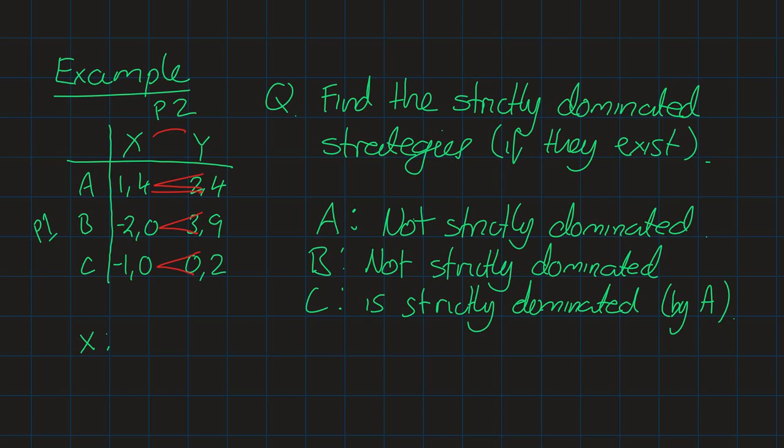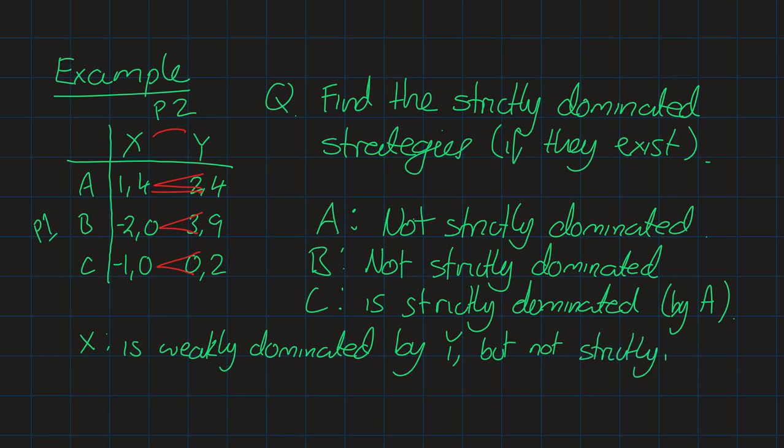So I can say that X is weakly dominated by Y, but not strictly. It's not a strict domination because of this bit here, because this is a weak inequality.